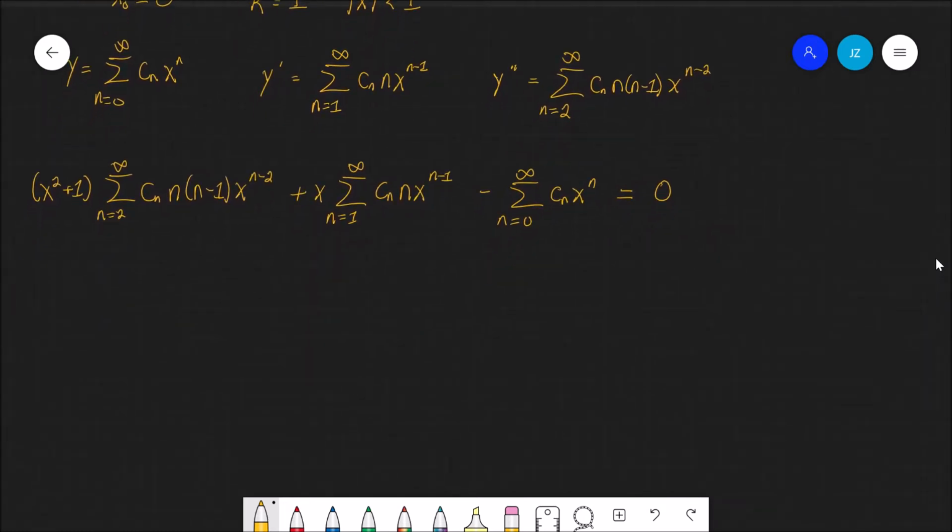Now what we have to do is algebraically simplify this left-hand side.